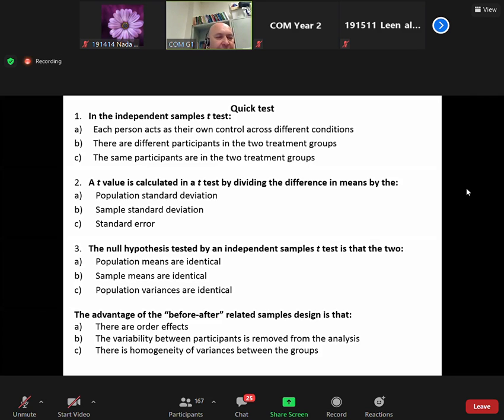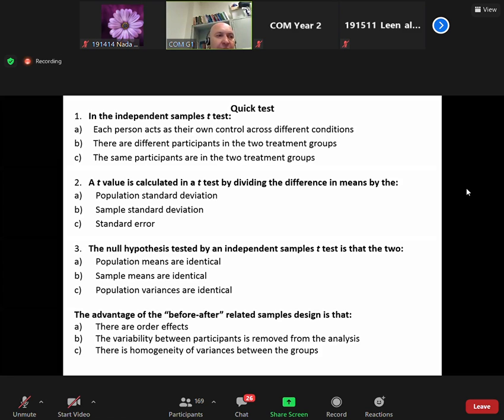This is a related sample, so a paired samples design. If you've got before and after, then one of the problems is order effects. So that is not an advantage, that's a disadvantage. So A is definitely wrong. C does not apply to the related samples design because that is when we're dealing with 2 independent groups.